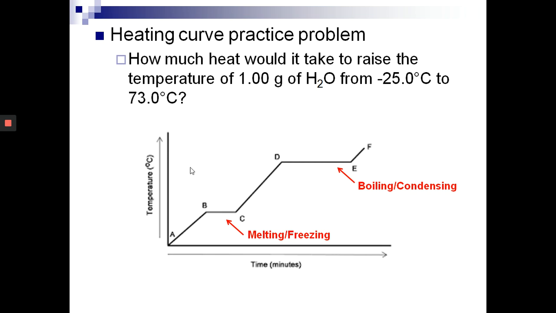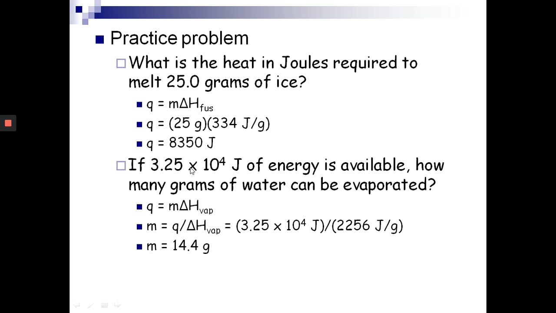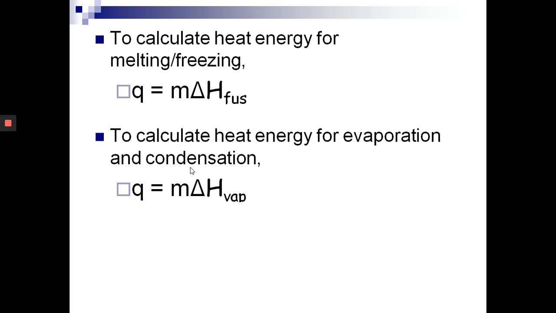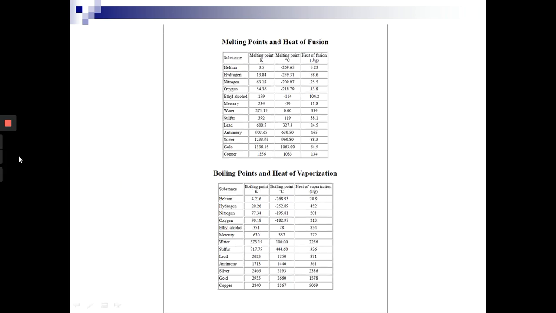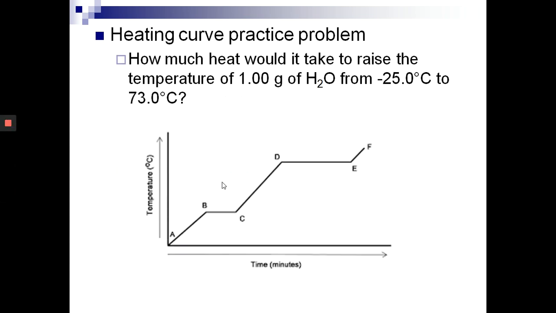Now you have to go back to your reference handout and look for water. Water melts at 0.00 Celsius, and water also boils at 100.00 Celsius. So I'm going to go back to my heating curve and label those.